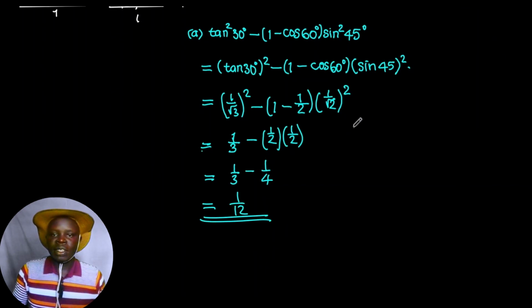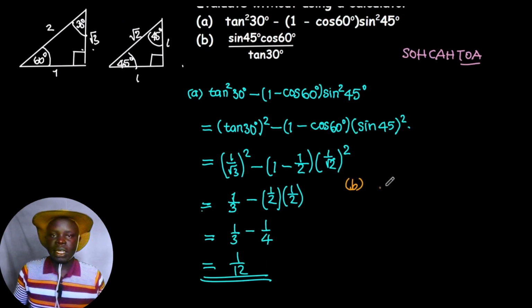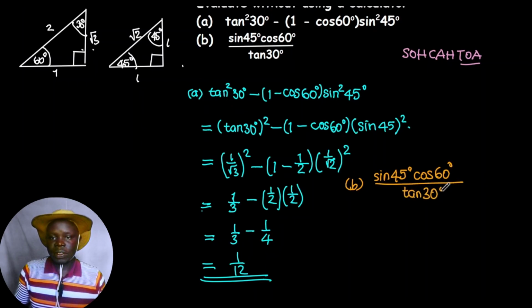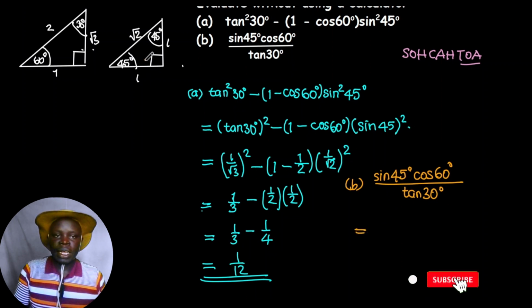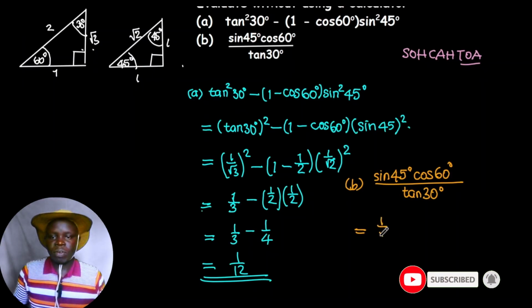And our second one is B. This B looks like we have sine of 45 degrees times cos of 60 degrees all over tan of 30 degrees. So from here we can do the same thing. 45 is here, and opposite over hypotenuse is 1 over root 2.